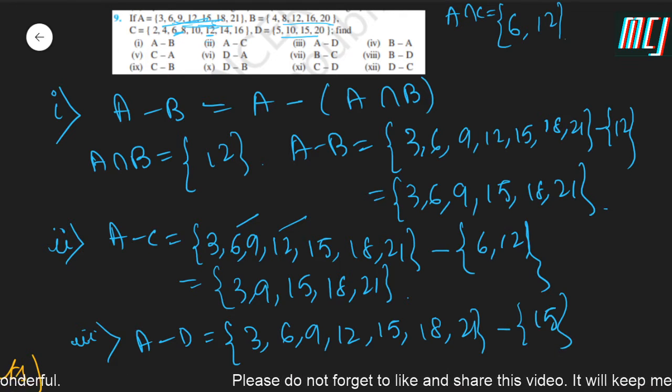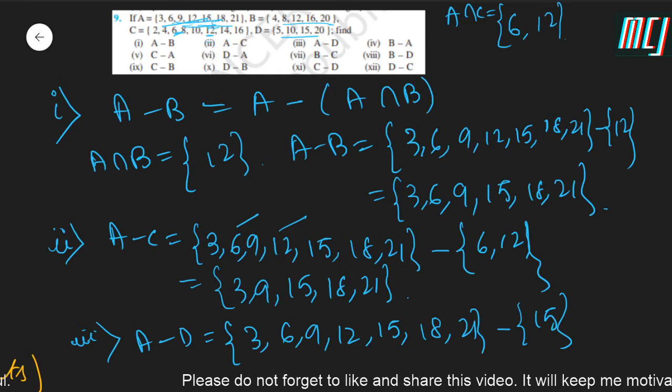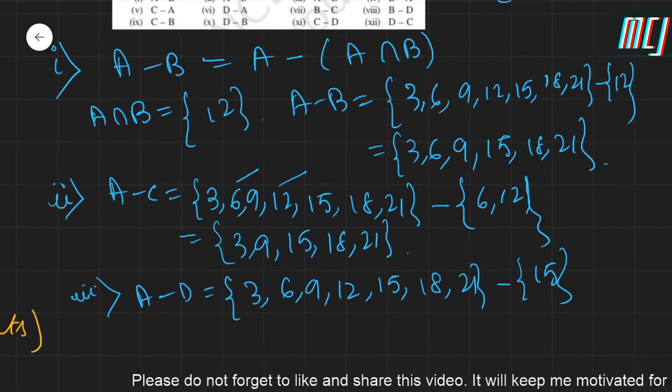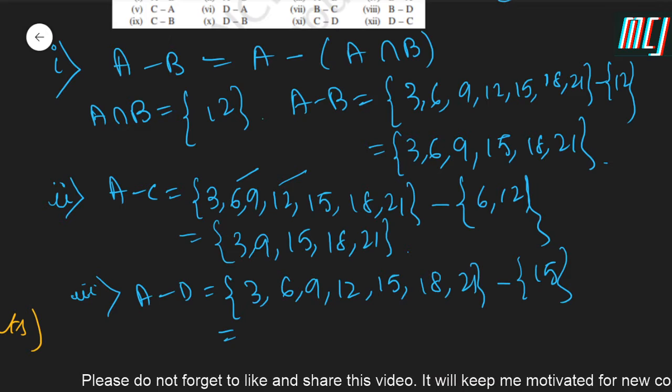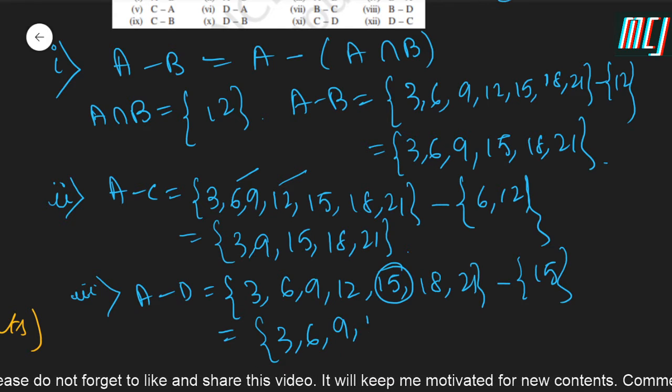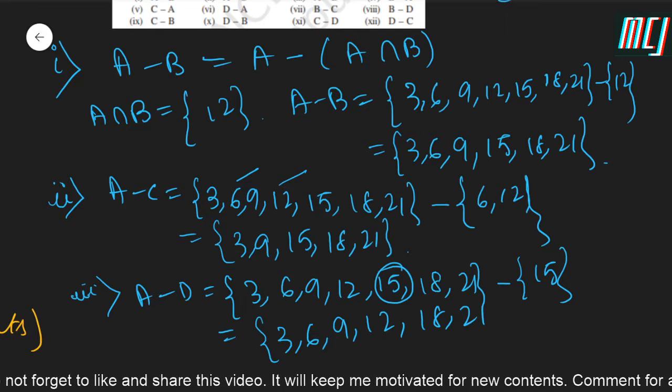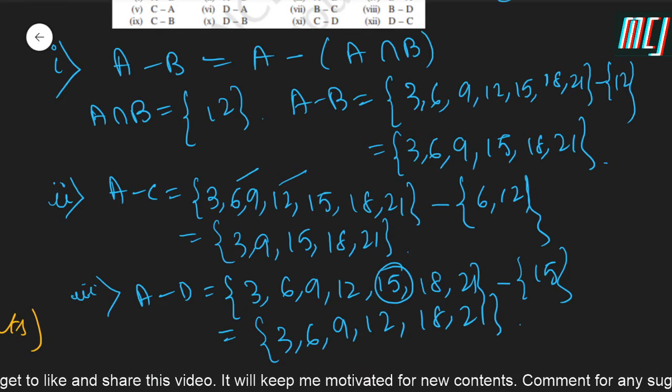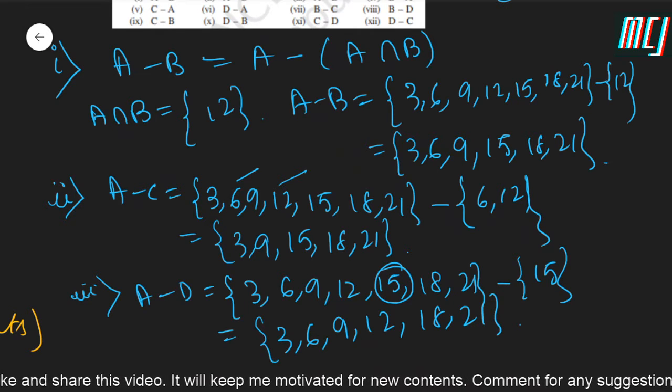Now we'll delete 15, then the remaining terms will be 3, 6, 9, 12, 18 and 21. Clear? Now we'll move to the fourth one.